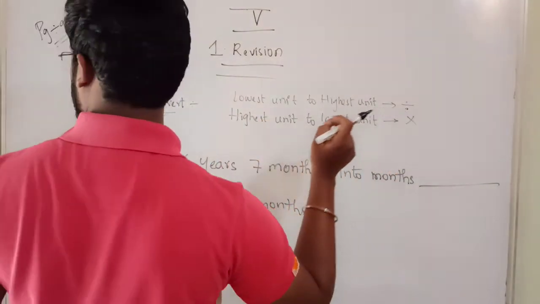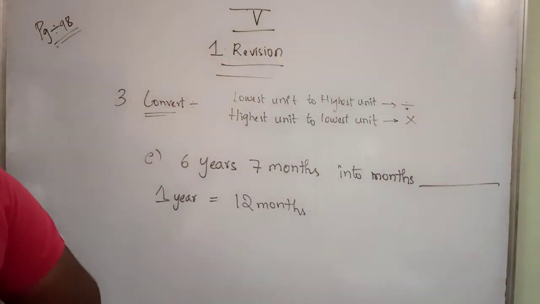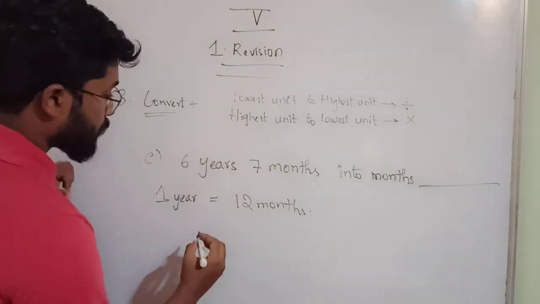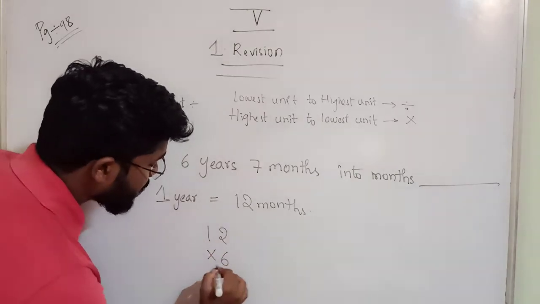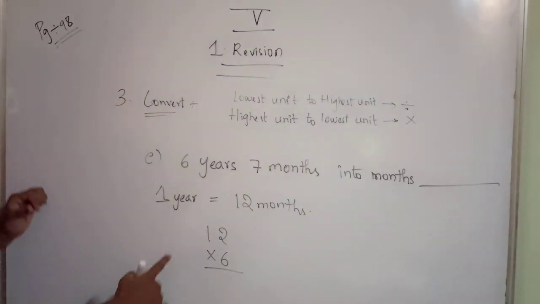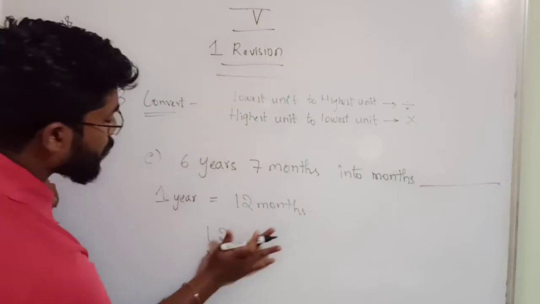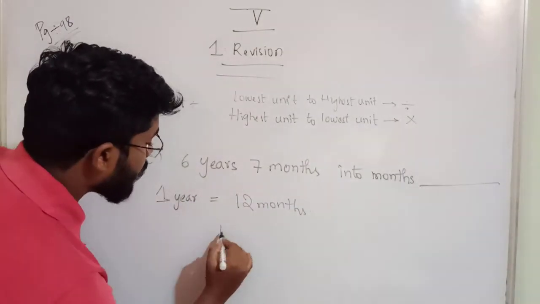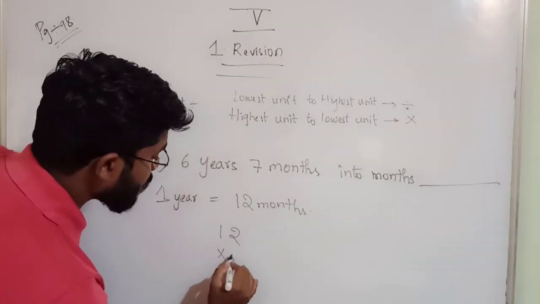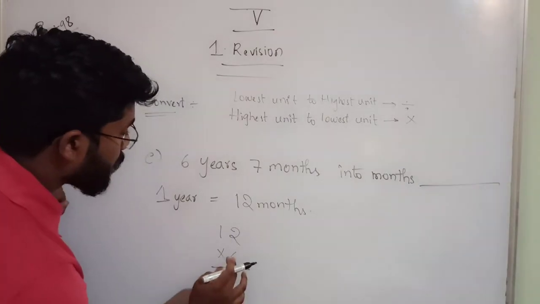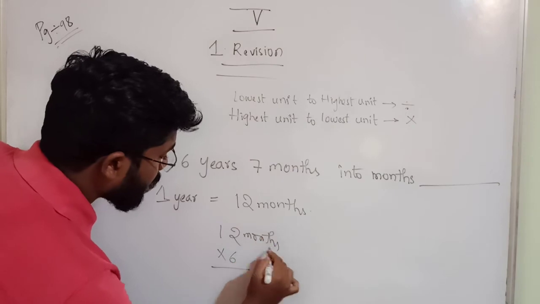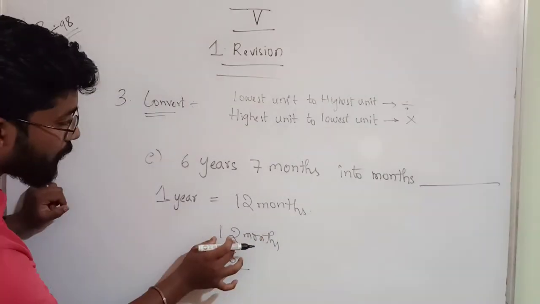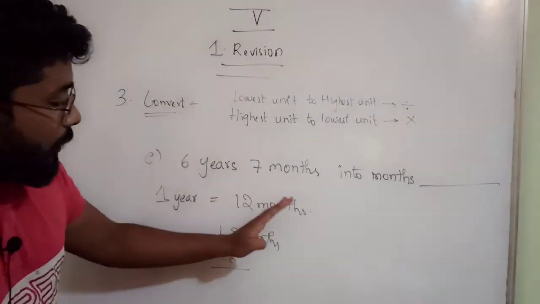What you have to do? You have to do the multiplication. So 12 months into 6 years. You have to multiply 6 with 12 because 1 year is having 12 months.